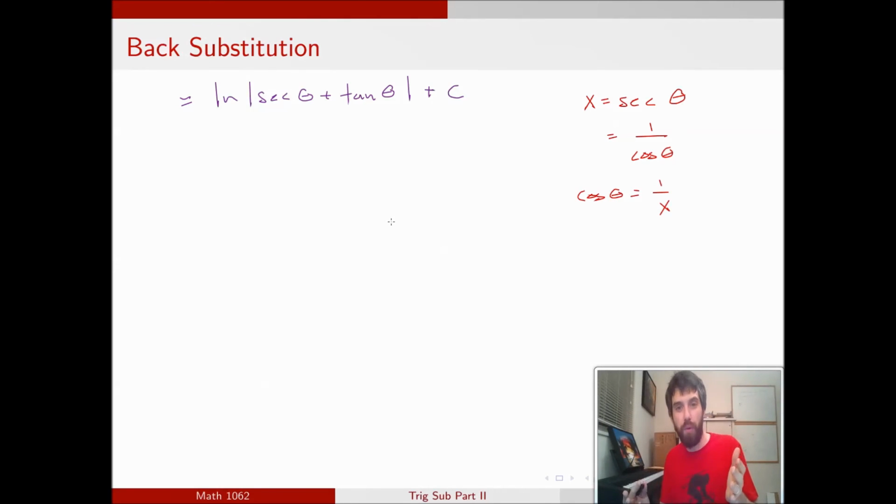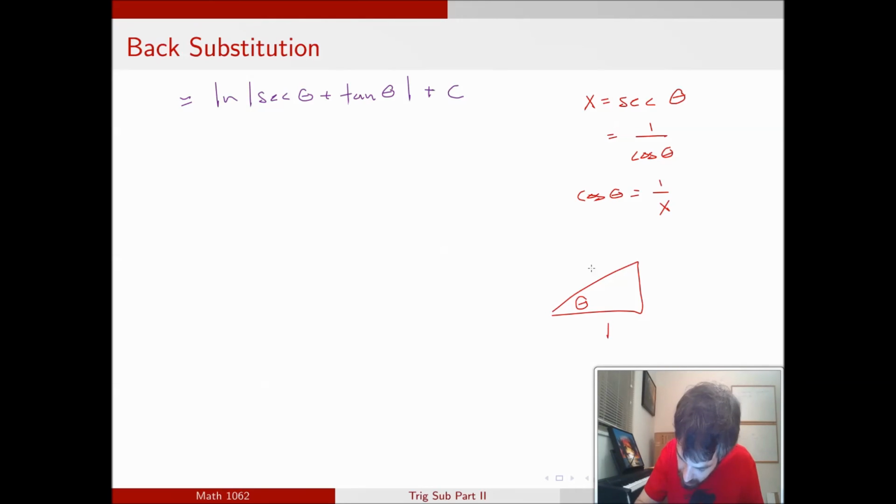So now what I'm going to do is use this to make a triangle. I'm going to put in my theta in some triangle, and then I have that the adjacent over the hypotenuse is 1 divided by x. So I'm going to put a 1 here, I'm going to put an x here, and I'm going to put a square root of x squared minus 1 on the side that I hadn't figured out.